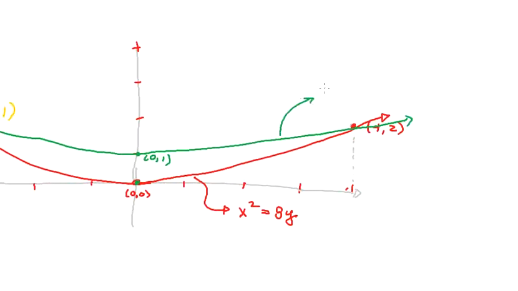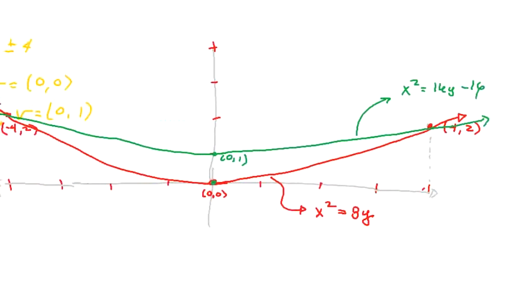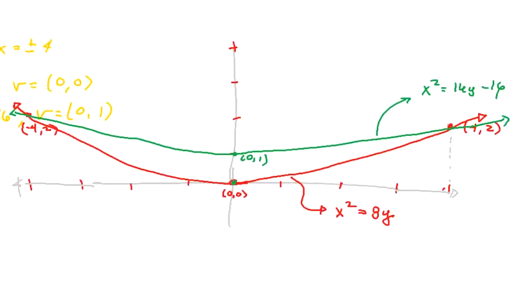This is x squared is equal to 16y minus 16. Okay, and our problem is to determine the area bounded by these two curves.